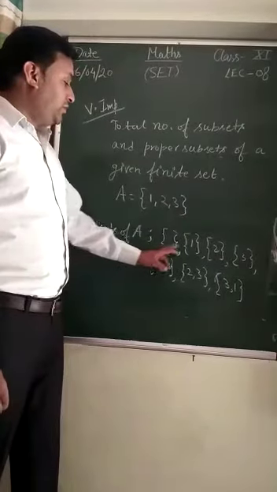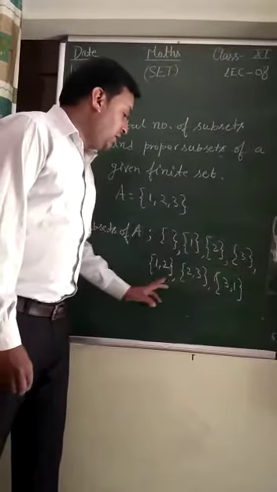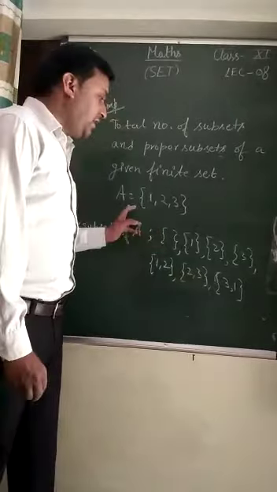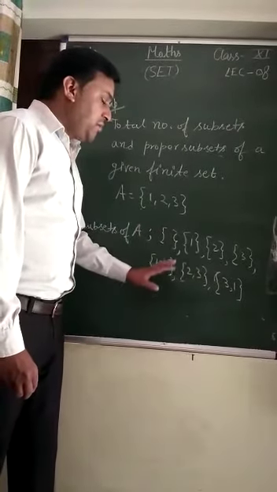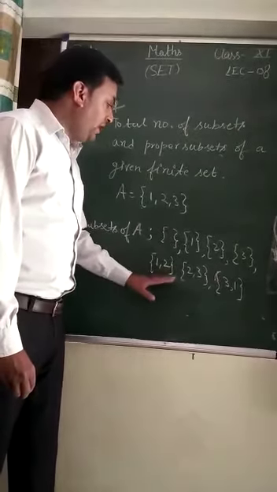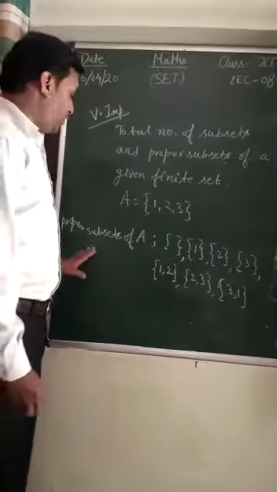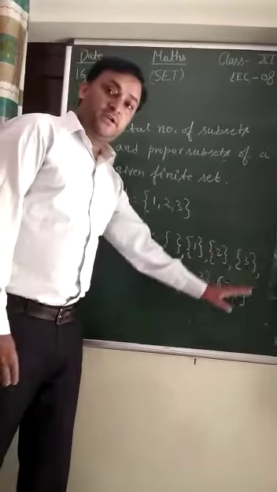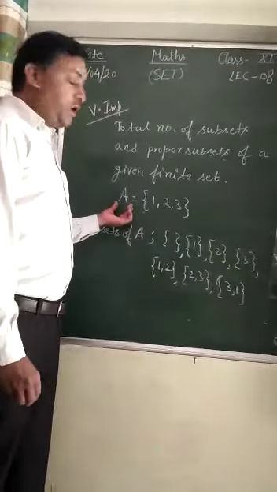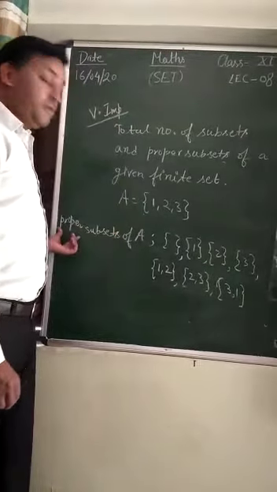These are all the proper subsets of set A, which contain at least one element less than this set. The set itself is not included in the proper subsets.